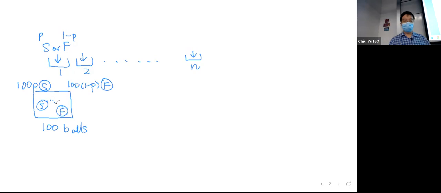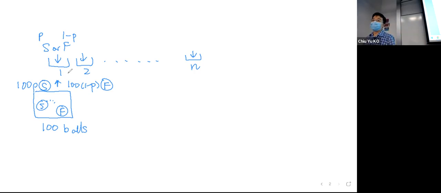So you can imagine that each time from these 100 balls in the box, you draw one ball, and you record the result. You go to the first box, and then go to the second one, and you do the same draw again. But each time after you draw the ball, you put it back. So this is a ball draw exercise you do n times.